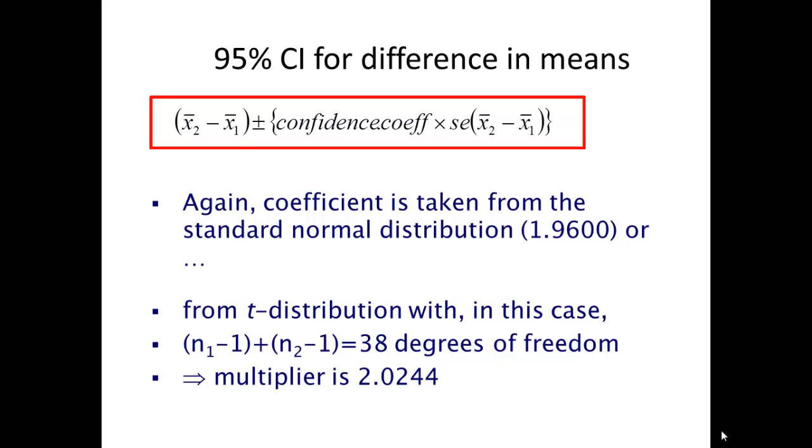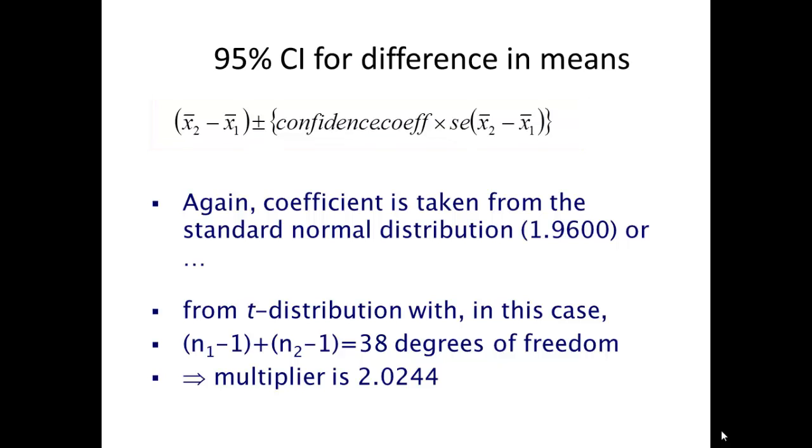So if we're using the Z or normal distribution, and we would use that if the sample is big enough, then our confidence coefficient is 1.96 as per normal. Another number that you should be well familiar with.